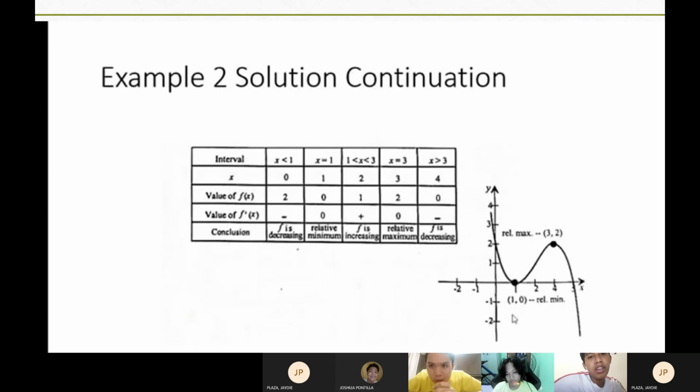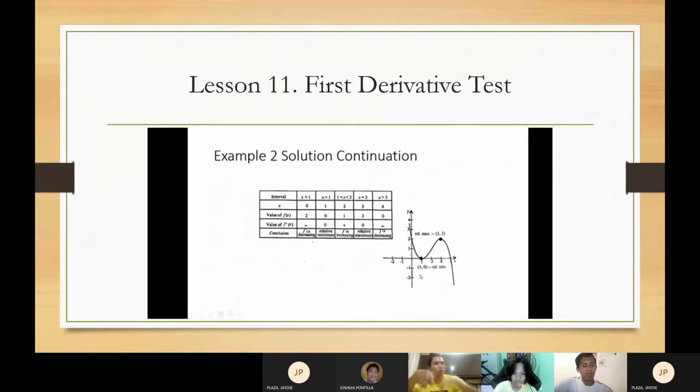Kaya 2, 3, 2. So, ang sketch na ito, increasing, kasi mas maliit yung x sub 1 sa x sub 2. Proceed na tayo sa next video.